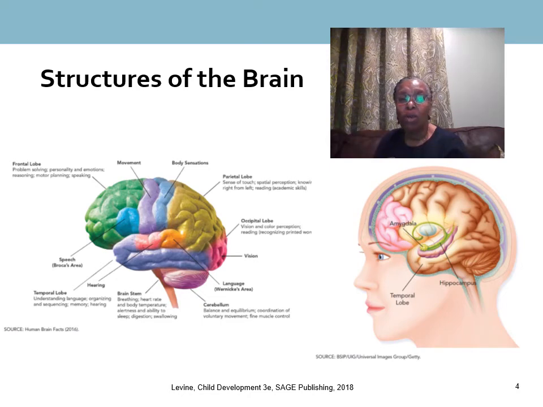The temporal lobe helps us with hearing, or auditory information, as well as allows us to understand language. The parietal lobe takes in sensory information in regards to taste, temperature, and touch, and it's integrated or processed with the frontal lobe.